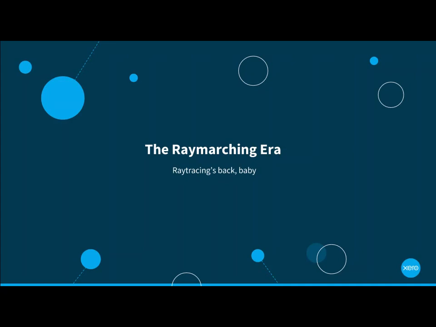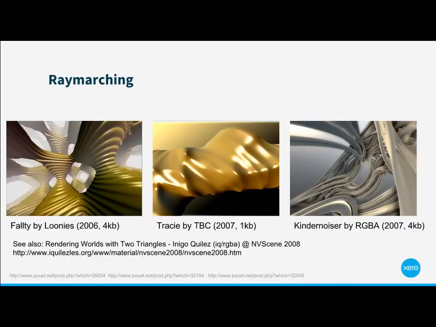So, 2007, video hardware had improved to the point where it was usable as a general purpose processor, and it was fast enough that you could do real-time ray tracing on the graphics card itself, or a variant of it called ray marching, which is a more general purpose form.